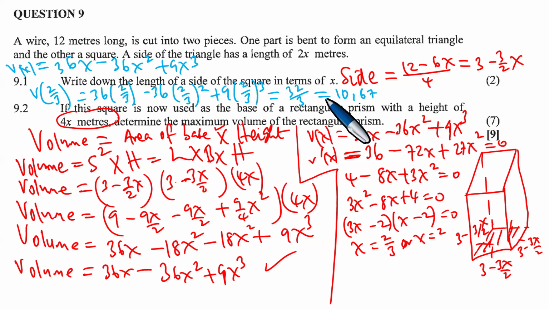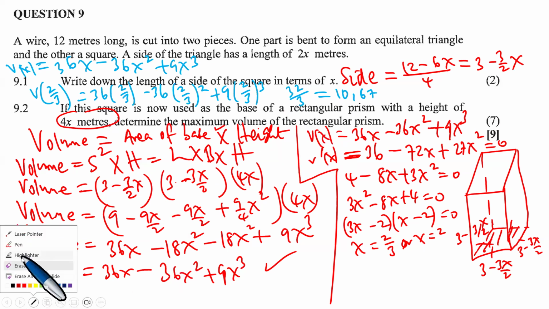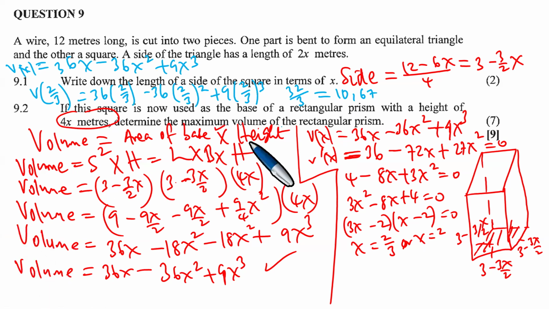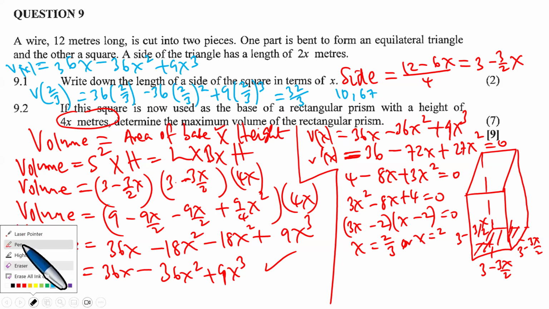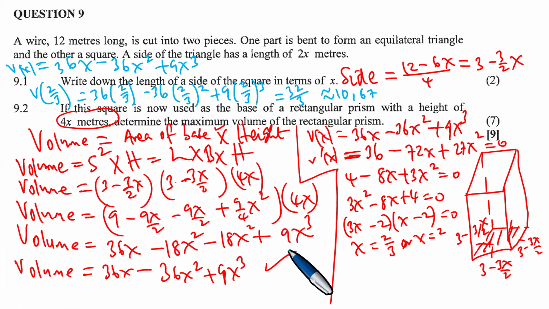Okay, this equals that, but it's approximately that here. Right. So obviously because it's volume and this was in meters, this is going to be cubic meters. Something that you need to take note of.